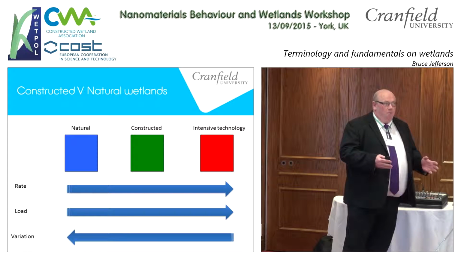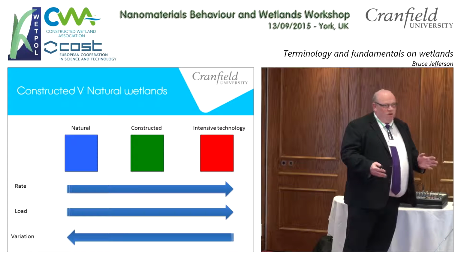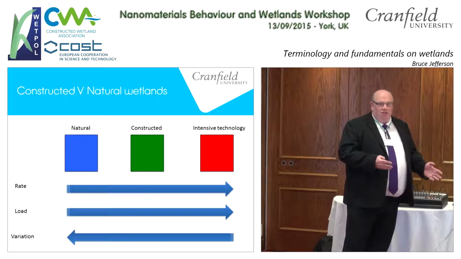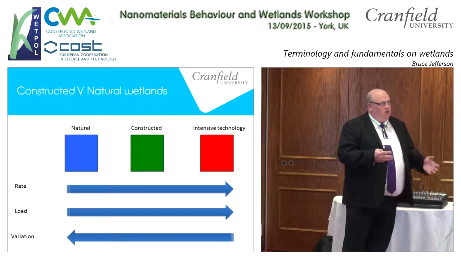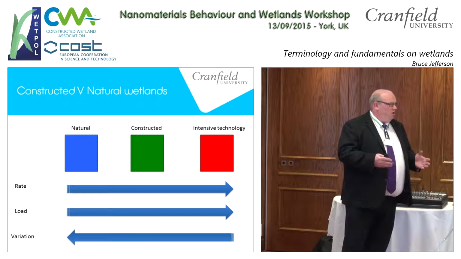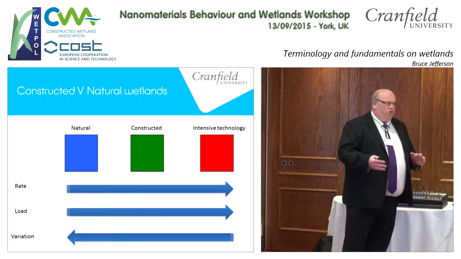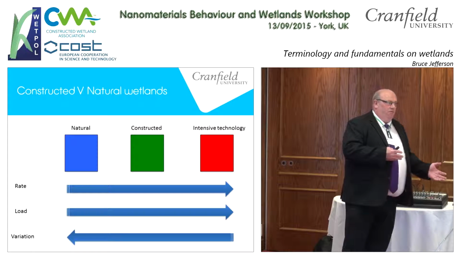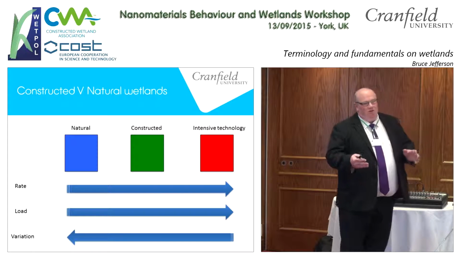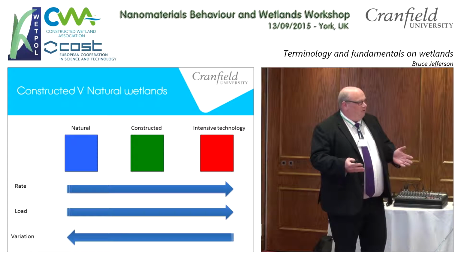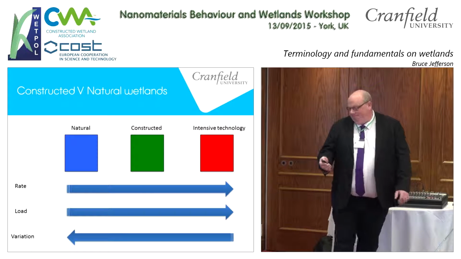So probably the more dynamic of all the systems, but the relative significance of the different components changes because of the hydraulics, the load, and the variation. And I think the most obvious area for that would be the role of the plant. We'd expect the plant to have more influence in the natural wetland systems than it does, and I think has now been shown in the constructed wetland systems. Okay.